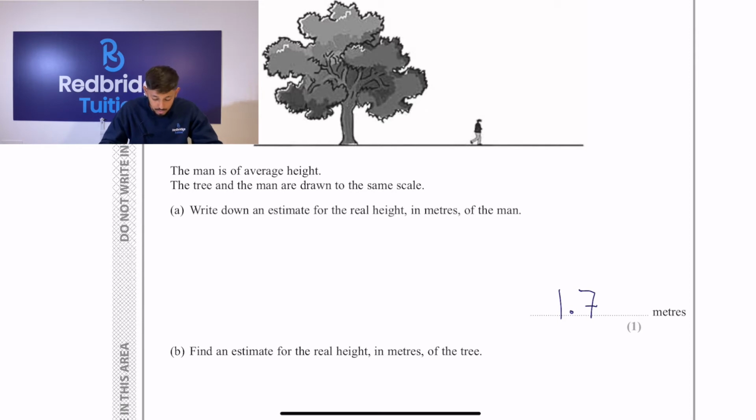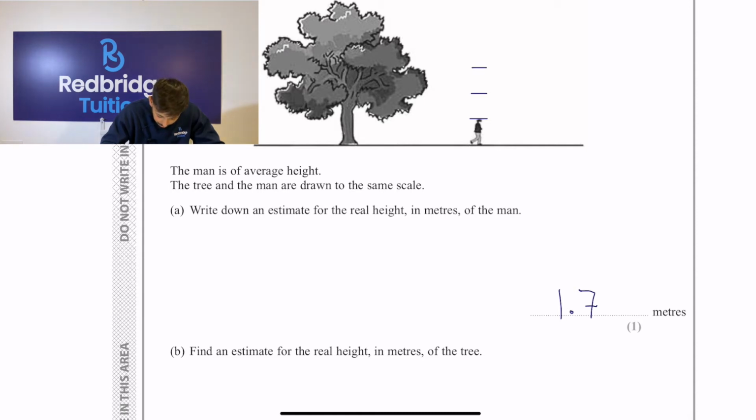So what I'm going to do is draw a diagram of the same increments increasing up until we reach the height of the tree from the man. So that's the first. This is just an approximation. It doesn't have to be completely accurate. That's the second line.